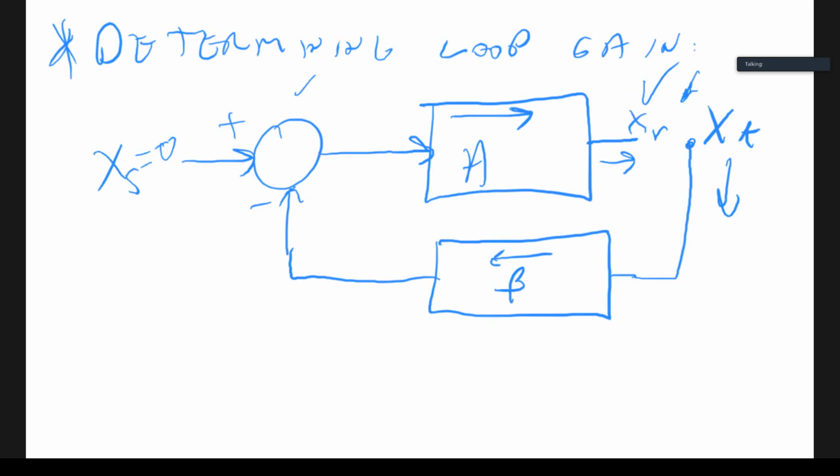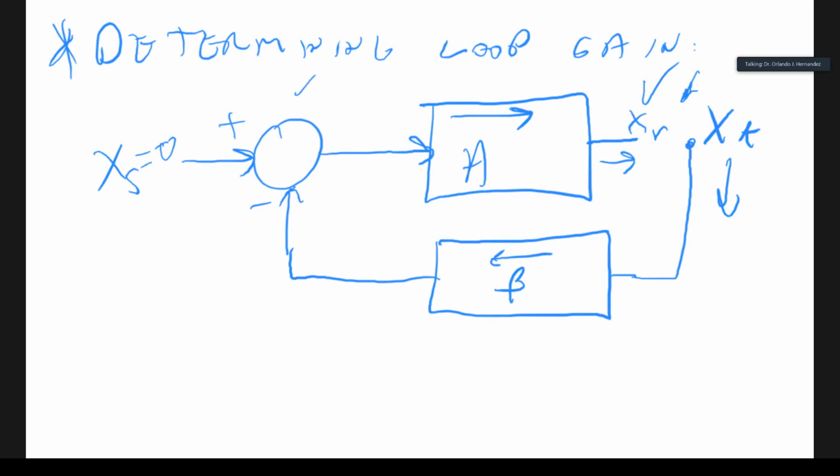So what that means is that A must have a very small output impedance relative to the input impedance of beta, or saying the same thing in a different way, beta has to have a high input impedance with respect to the output impedance of A. That's very important.